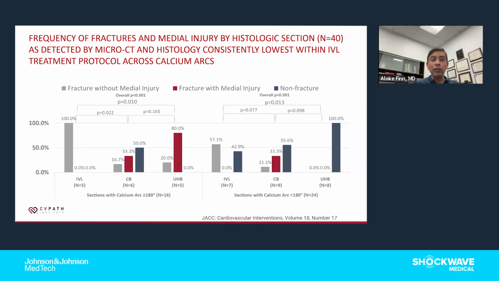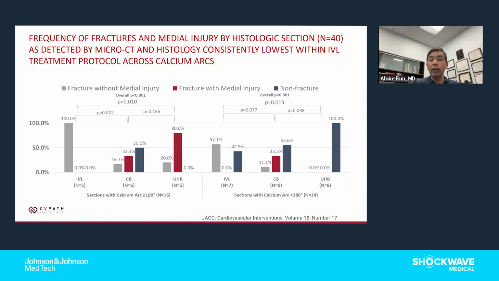In the cutting balloon, 16.7% of lesions had evidence of fracture without medial injury. 33% of cases had fracture with medial injury, and 50% of cases had non-fracture. Ultra-pressure balloon, same, not very successful. 20% of lesions had evidence of calcium fracture without medial injury. 80% of lesions had evidence of fracture with medial injury, and there was no non-fracture.